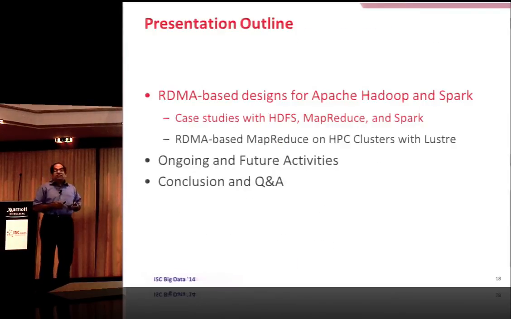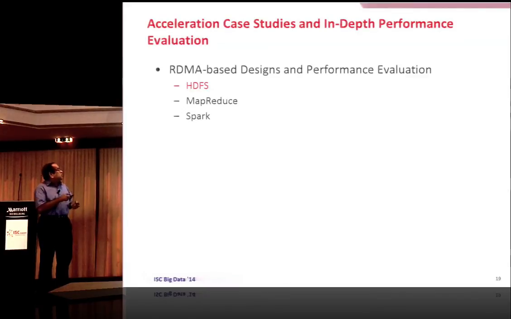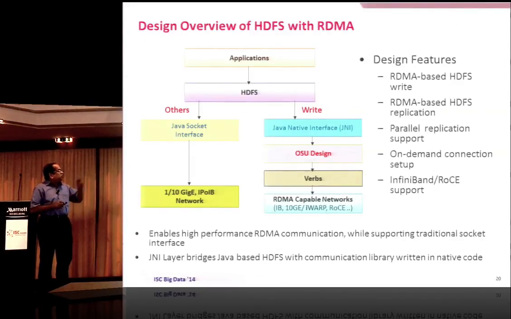Let's see some detailed case studies and sample numbers. I'll show some numbers for HDFS, MapReduce, and Spark. This shows our overall HDFS design: traditionally, HDFS is written with Java sockets and runs with 1 or 10 gig over IP.